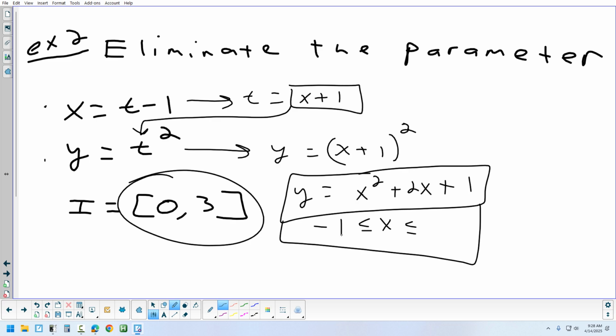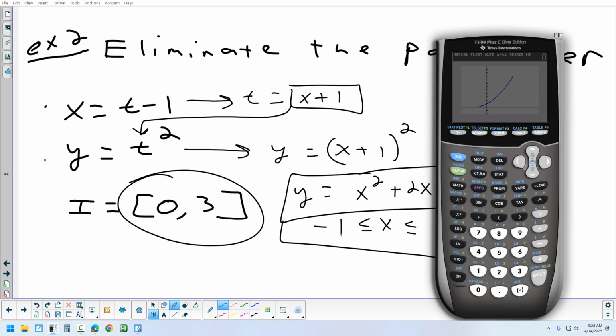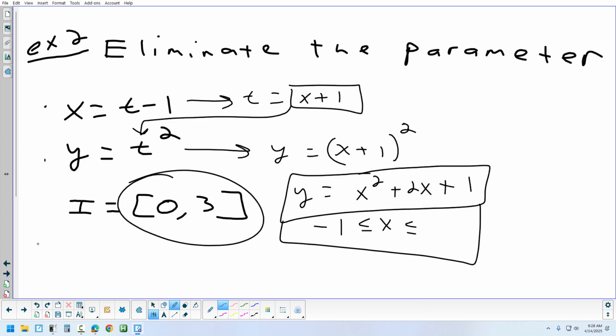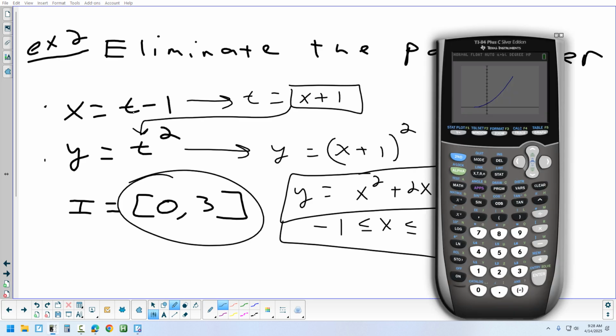And what number is going to control the right edge of this graph? Yeah, Holly. 3. And if we plug in 3, 3 minus 1 gives me 2.